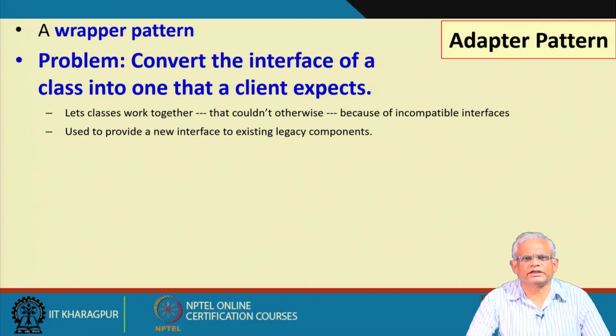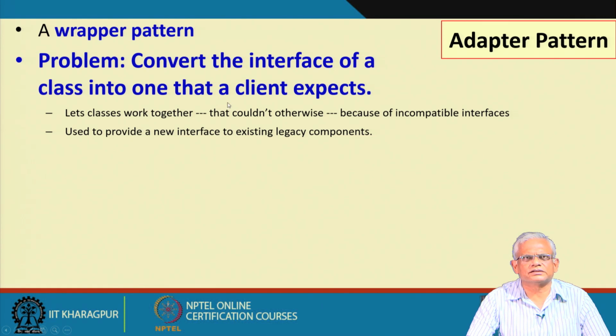There are many wrapper patterns where the client uses an object like the adapter, and the adapter internally passes on the request to another object, that is a wrapper pattern. And here the problem that the adapter pattern tries to address is to convert the interface of a class into one that the client expects.